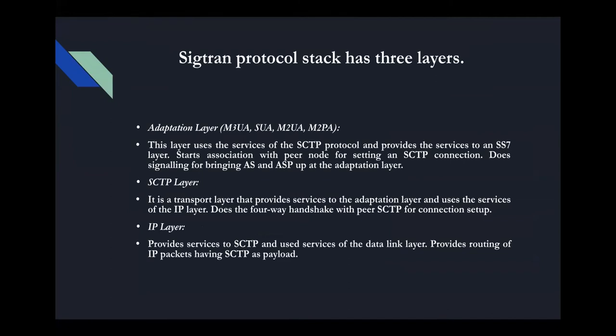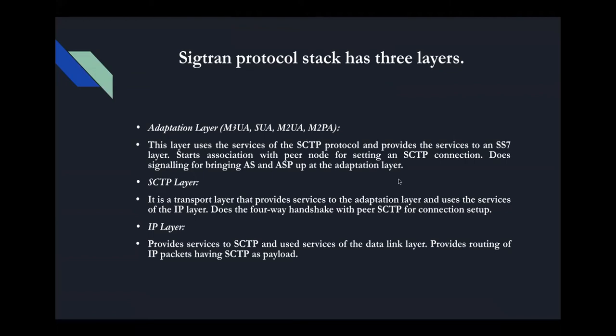This layer uses the service of the SCTP protocol and provides the services to an SS7 layer. So it's basically SS7 with a few changes to work with IP. As I said in the definition, it's just signaling of SS7 over IP protocol messages.